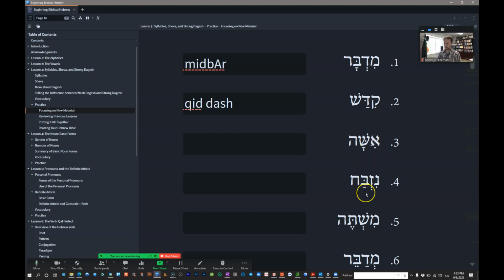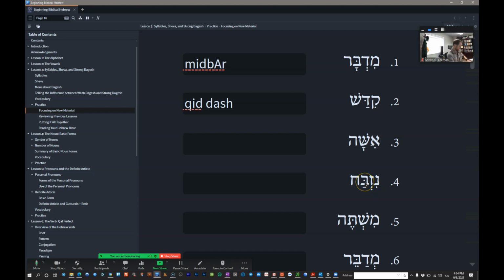If you look at it, and honestly, I don't want to give you another rule, but it's a pretty easy one. If you see a dagesh and it's got a shavah before it, that dagesh is weak and that shavah is silent. I don't know of any place where you have a dagesh forte preceded by a shavah, vocal or silent. I just don't think that happens.